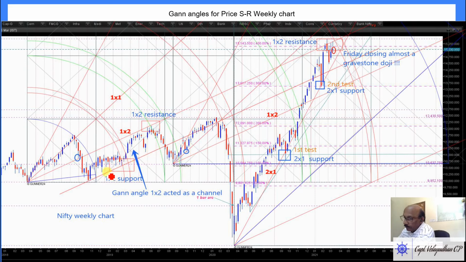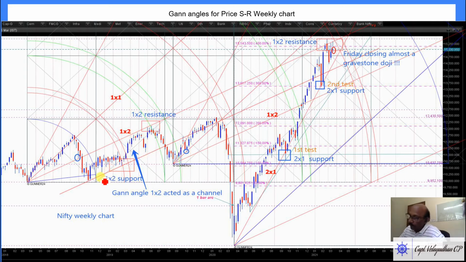And all this time price remained within the channel of 1 by 2 of the previous Gann angle, and this 1 by 2 on this Gann angle. This is also 1 by 2, this is also 1 by 2. So the 1 by 2 angles acted as support and resistance for a few months. This is the weekly chart, meaning that.